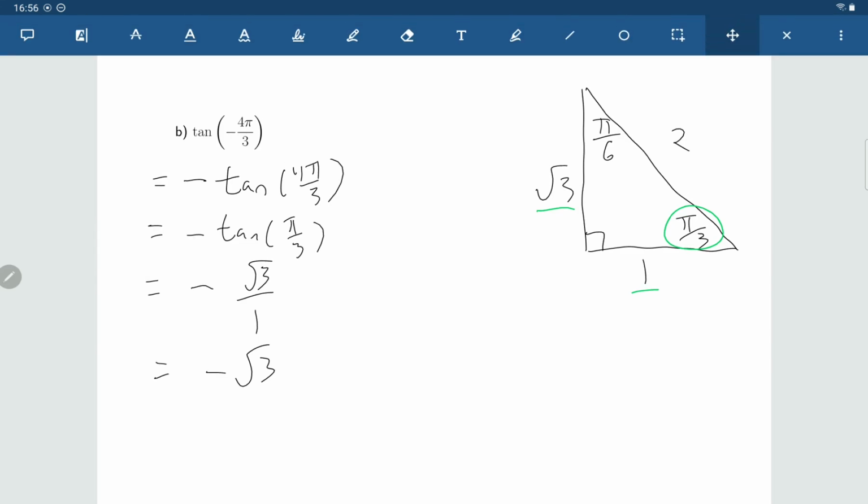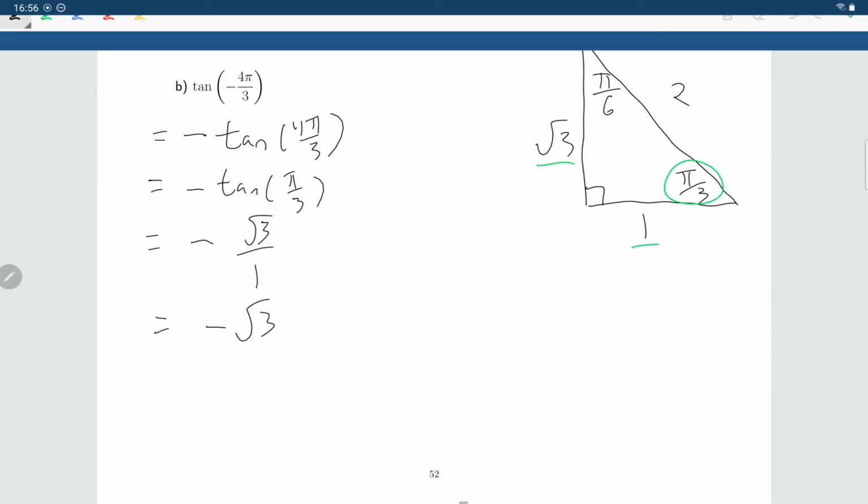I do want to say, before moving on to my last example here, you could tackle this in another way if you felt like it.